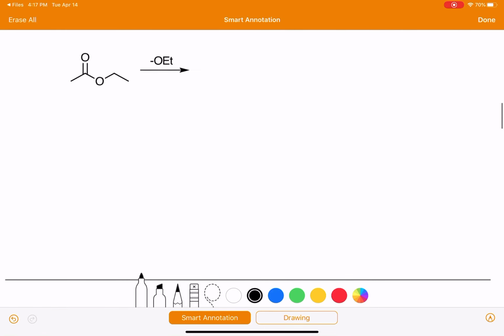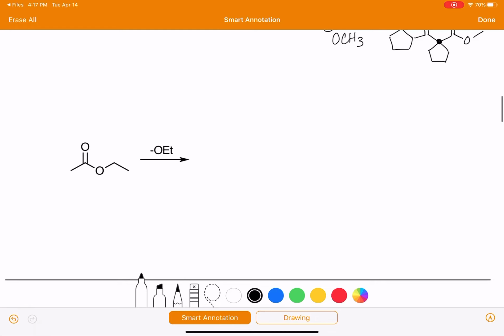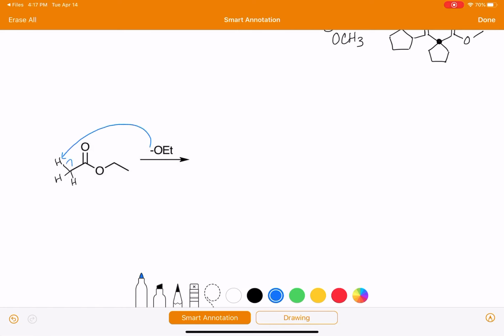Oh, here's another one. So let's start by finding our alpha hydrogen, and we use our base to grab one of those alpha hydrogens and make an enolate right there.